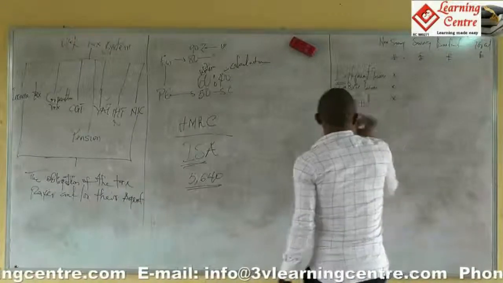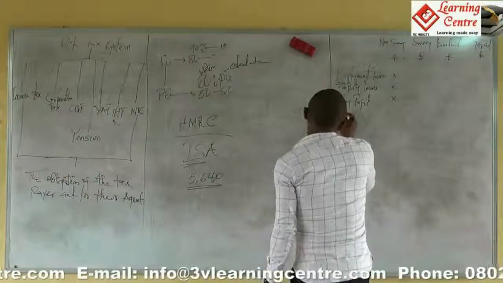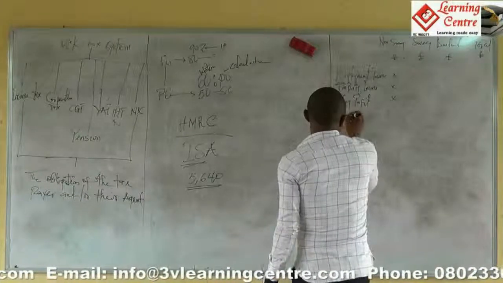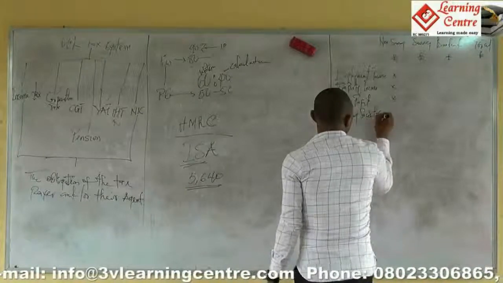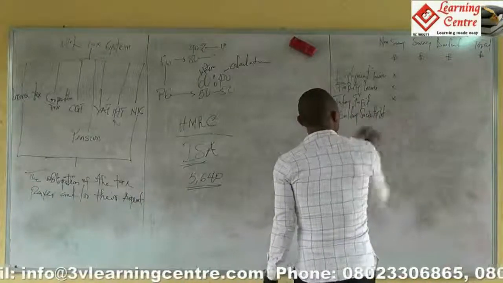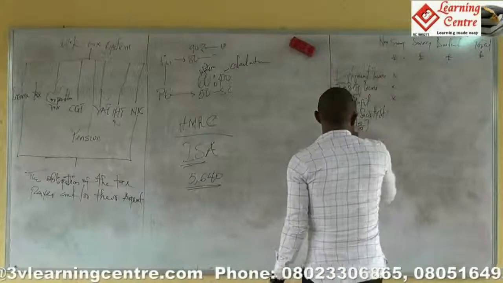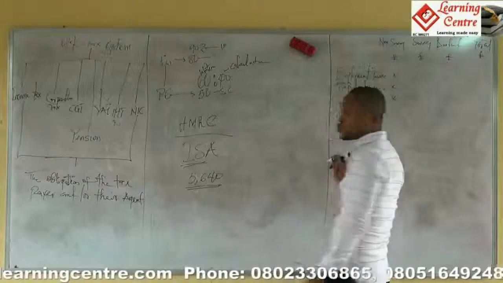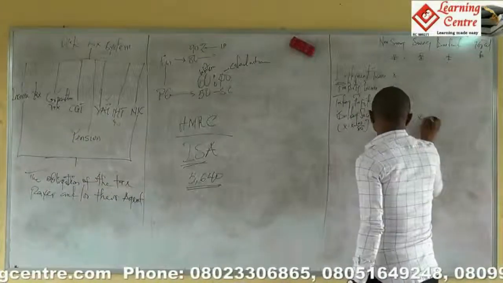Then we have building society interest. Here we normally gross up at 20%. If the figure given to you is the net amount, you gross it up at 20%.